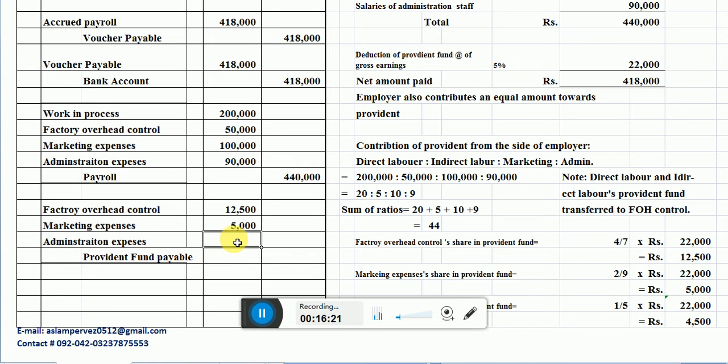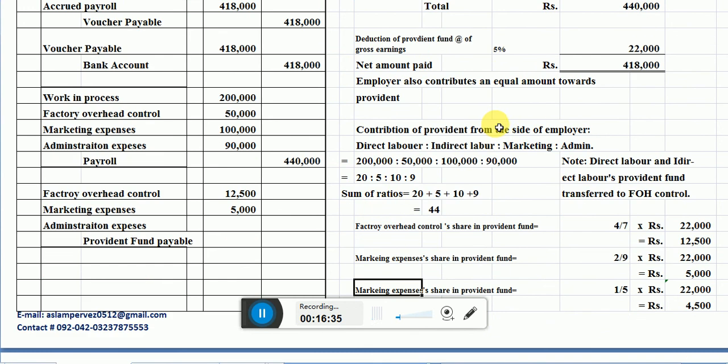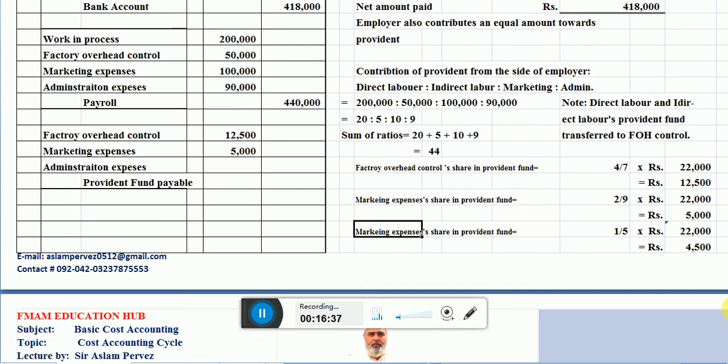So the admin expenses share in provident fund is 9 out of 44 multiplied by 22,000 rupees here as provident fund.